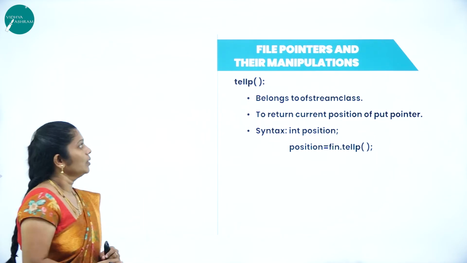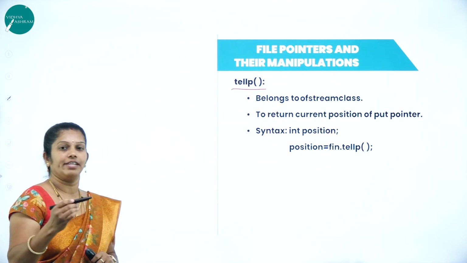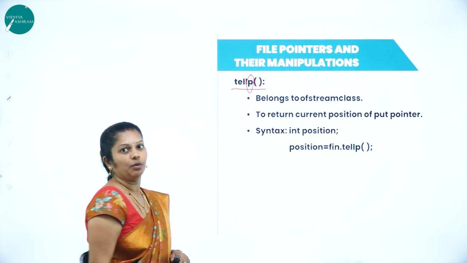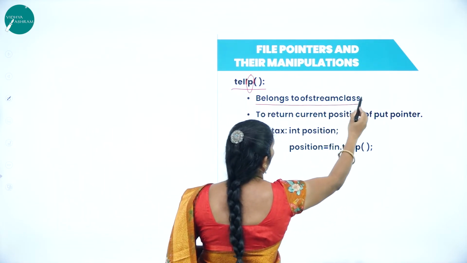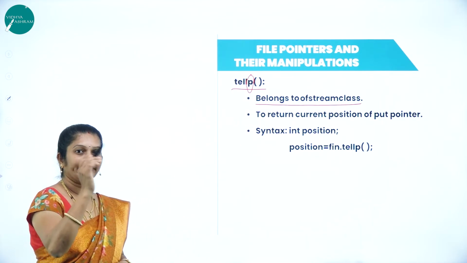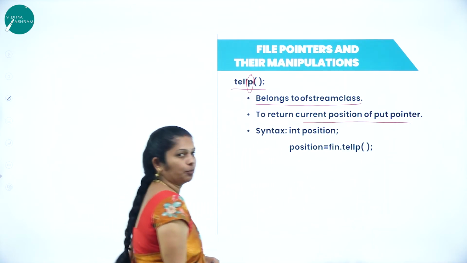Whereas tellp, the next function, here the name itself tells you where exactly the put pointer is present. It belongs to the ofstream class, that is for output purposes, especially here for writing, and it returns the current position of the put pointer.